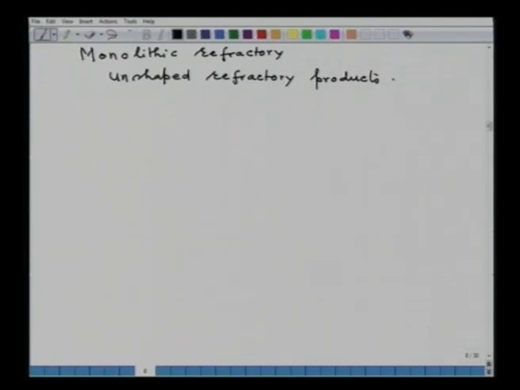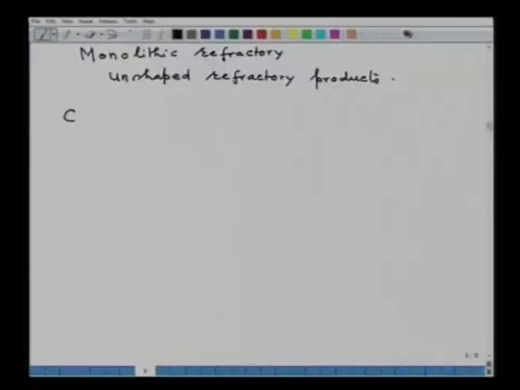These are materials in powder form, installed in some form of suspension, which ultimately hardens to form a solid mass. So, they are not like bricks, they are unshaped material, installed in place in the form of a suspension, which subsequently hardens and gives you whatever shape is desired.